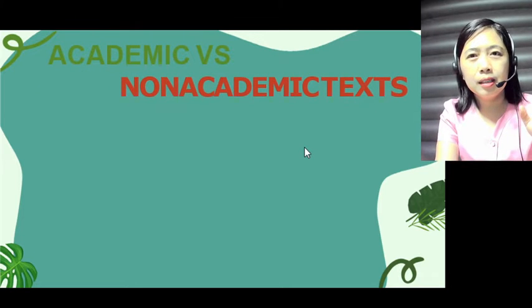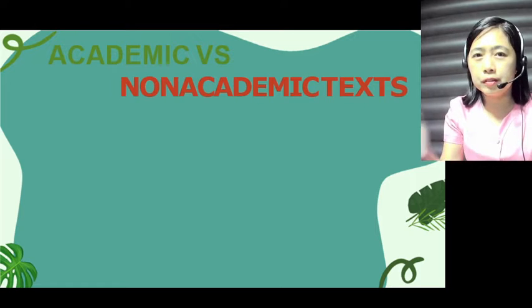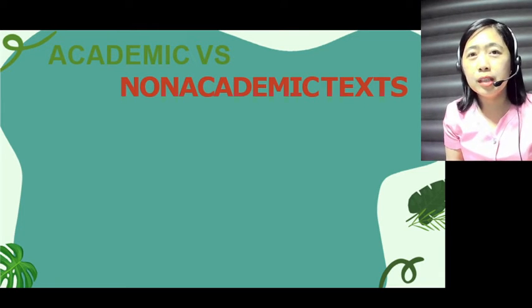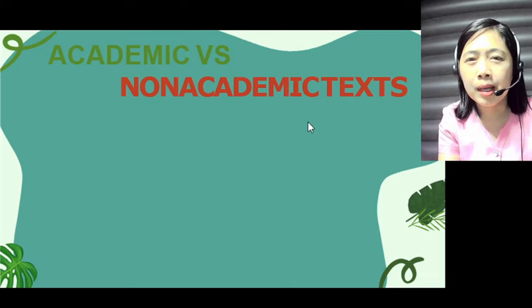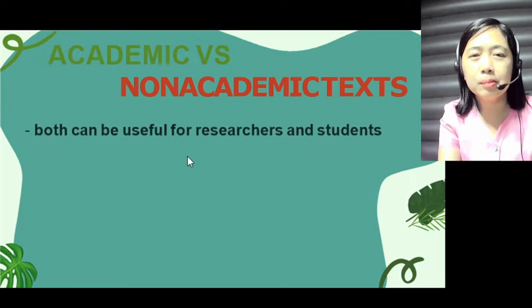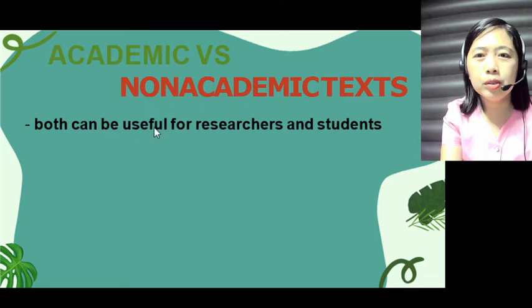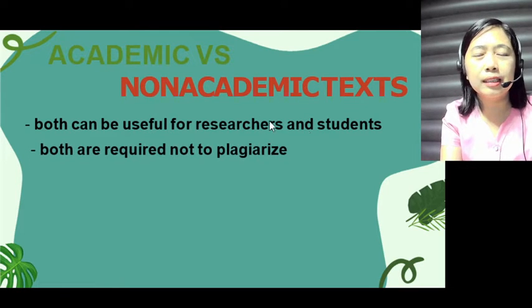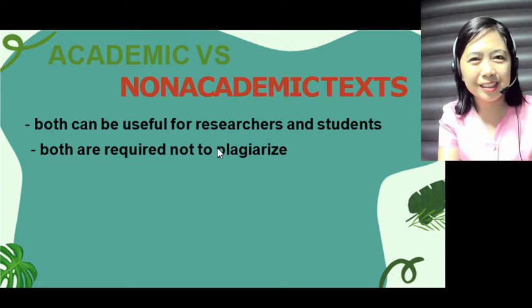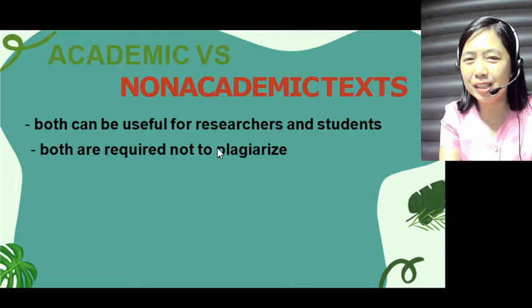In here we will also have to understand that though academic and non-academic texts actually differ from each other, they also have similarities, and a few of these similarities we can mention here. Both can be useful for researchers and students. Both are required not to plagiarize. Take note of that, plagiarism.